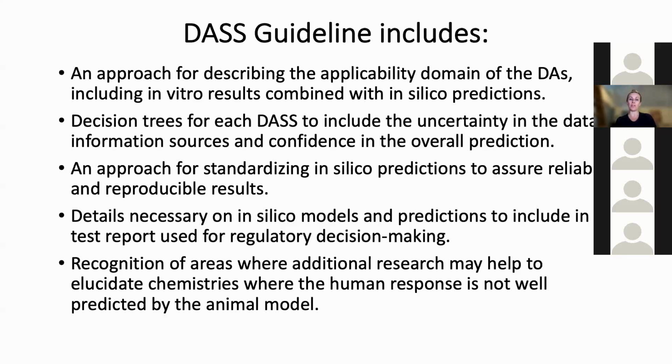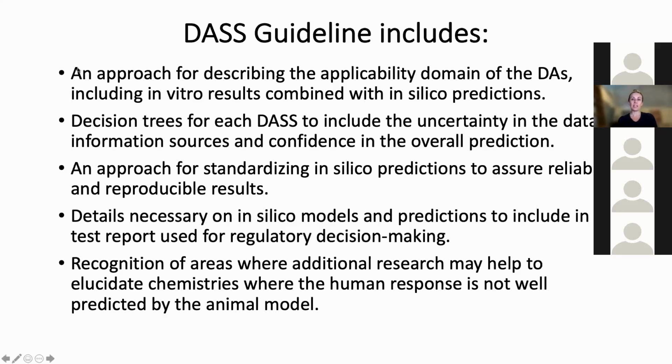And so there's a fair amount of evidence that the existing animal tests may not be predicting the human response well for particular types of chemistries. And so that's something that we are currently looking into a little bit more to try and further establish scientific confidence in the in vitro human mechanistic based defined approaches.